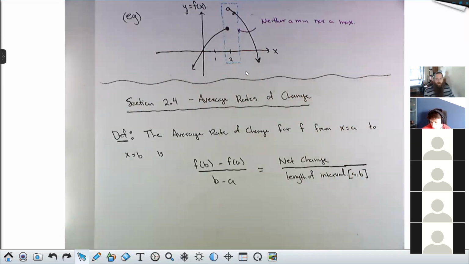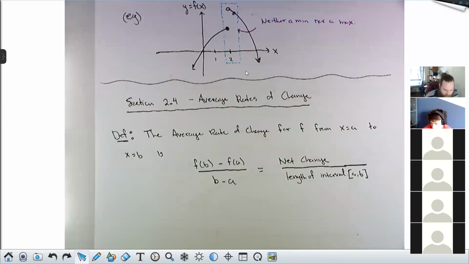So you're asking, how much has my function changed over this length? One of the places you've encountered this concept before, I guarantee you, is talking about average speed. Right? If you go 100 miles in 1 hour, your average speed was 100 miles an hour. That doesn't mean you're going 100 miles an hour the whole time. It just means your average speed was 100 miles an hour.